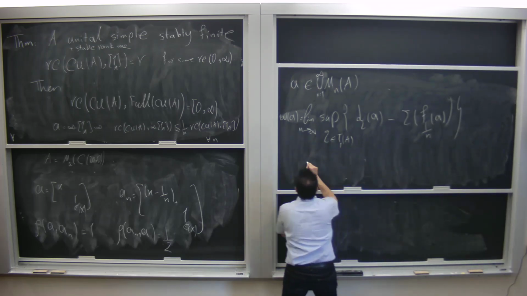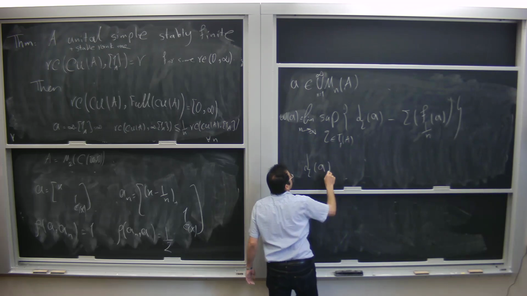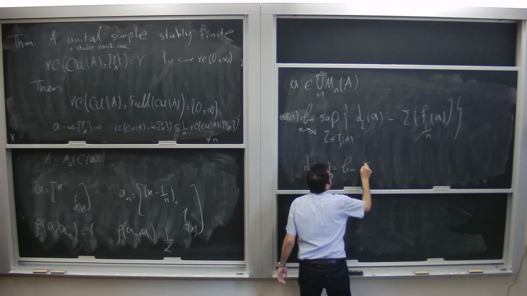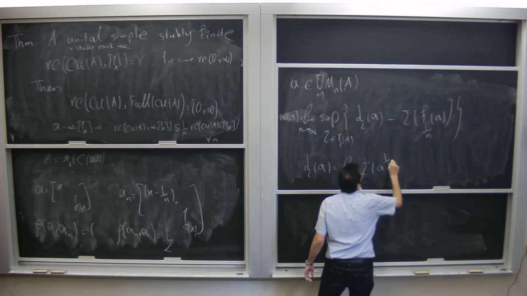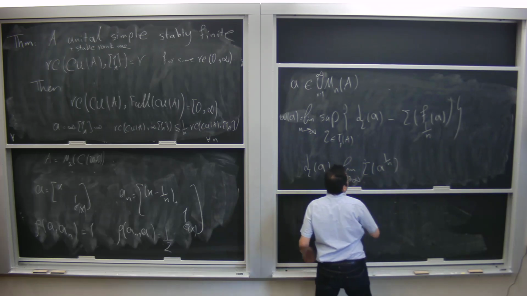It's just the limit of tau of a to the 1/n as n goes to infinity.